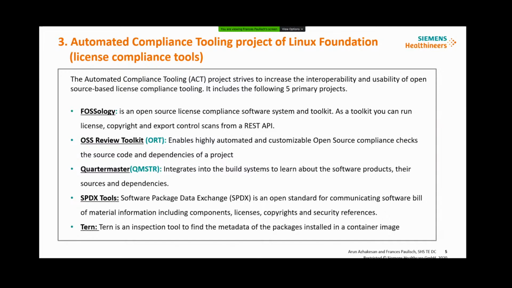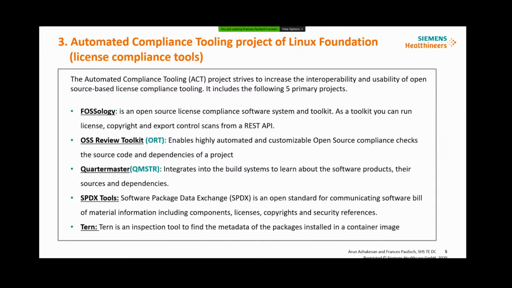Other projects in this automated compliance tooling effort are FOSSology, which is an open source scanner that recognizes licenses in a very good way. There's also the OSS Review Toolkit, which specializes in identifying all of the dependencies of a project.